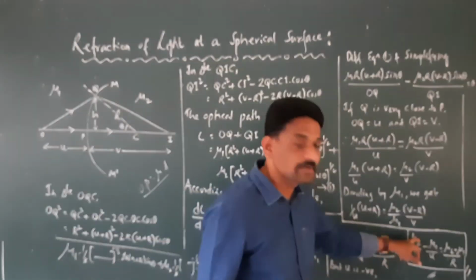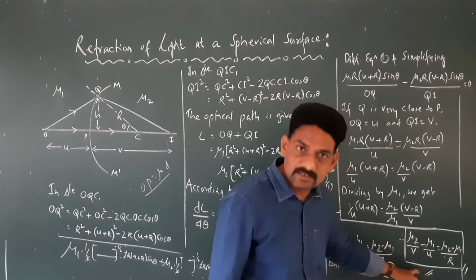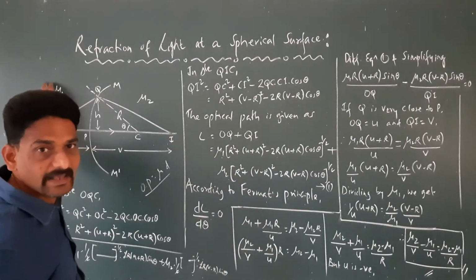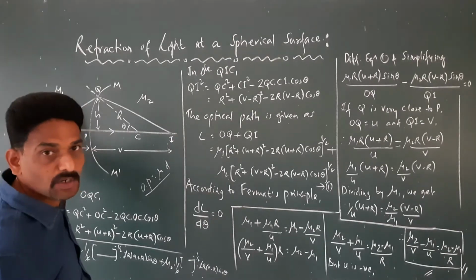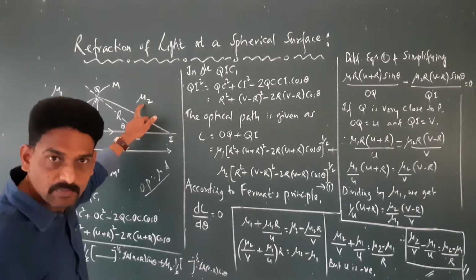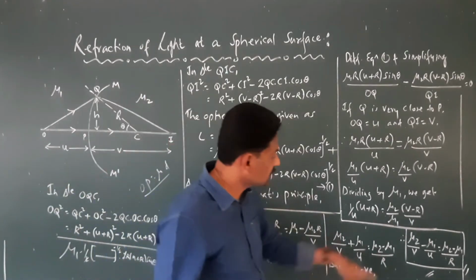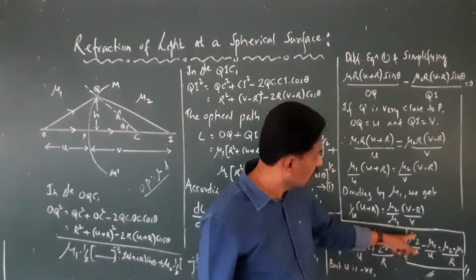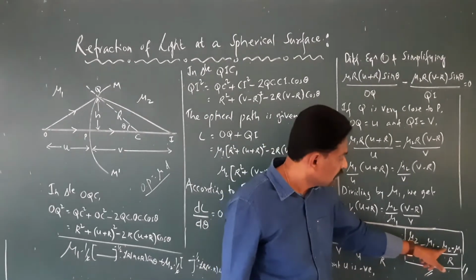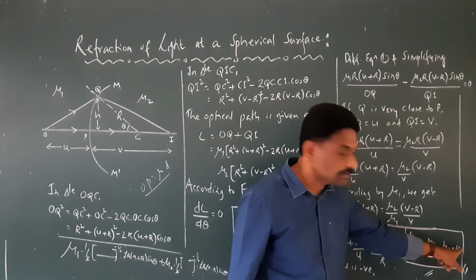This can be further simplified. Suppose this is the air medium, then mu1 is going to be 1, and mu2 can be taken as mu. In that case, we get mu by v minus 1 by u equals mu minus 1 divided by r.